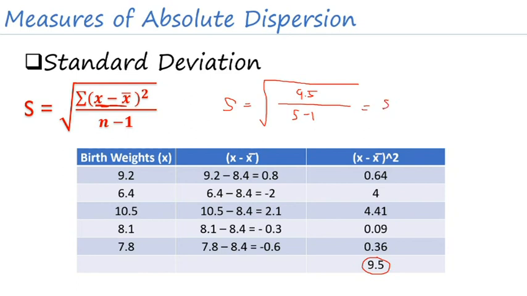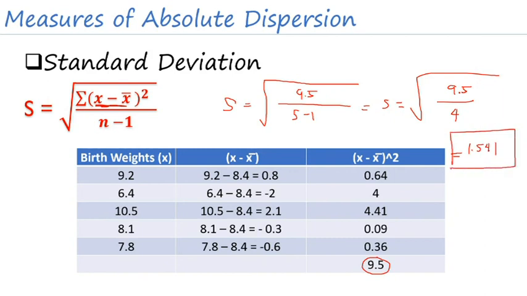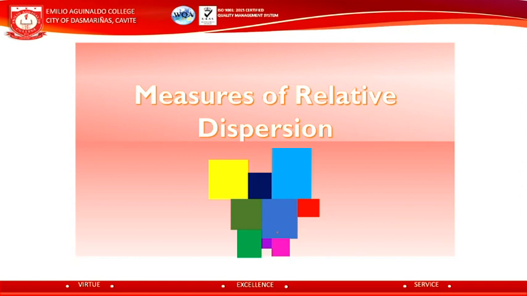So, yung s daw natin is just equivalent to the square root of 9.5 divided by 4. And it will also give us a result which is equal to 1.541. So, either of the two methods, ang ginawa lang naman natin, in-expand lang natin yung formula dito. No? Pero parehas lang sila. We just have to get the square root of the variance for us to be able to obtain the standard deviation.